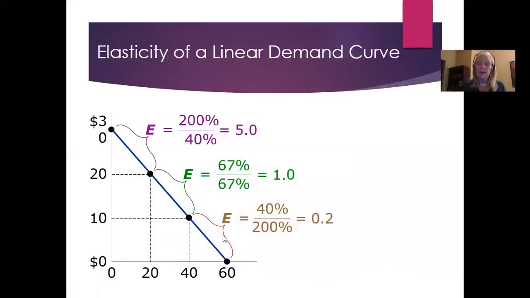So now let's think about how this relates to total revenue and how this relates to the entire demand curve. First, let's look at this entire demand curve. I've mentioned a couple times that no product is always inelastic at all price points. No product is always elastic at all price points.